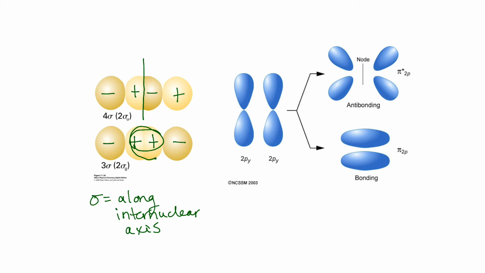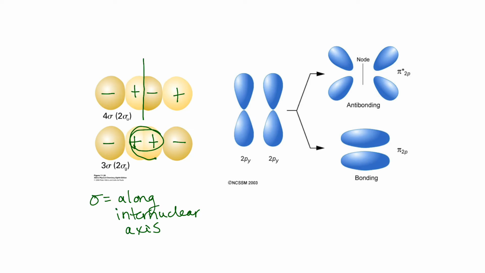Okay, if we look over on this side, we can see different types of overlap with our p orbitals of different orientations. Here we have a couple of options for how these p orbitals are going to overlap.